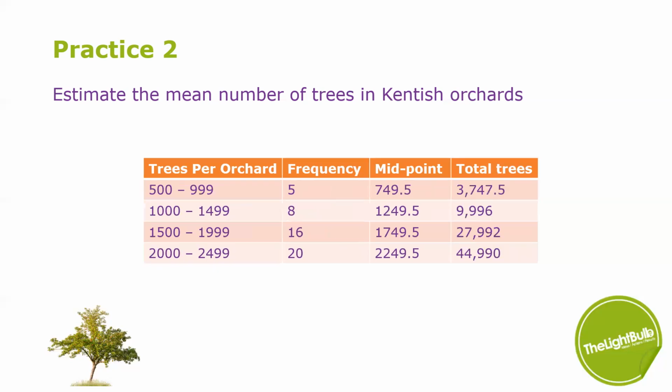Okay, so the total trees, remember this was frequency times the midpoint. And that's how we create that fourth column. And then can you remember what we do from here? Just going to give you a few seconds to think about what we do next, and then I'll bring up that step on the screen.